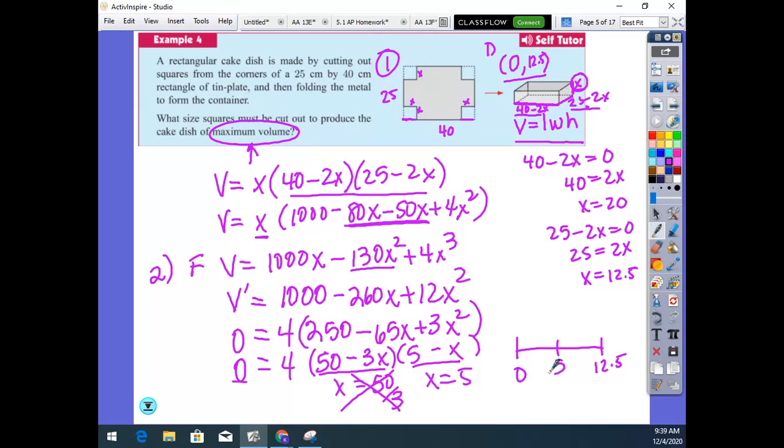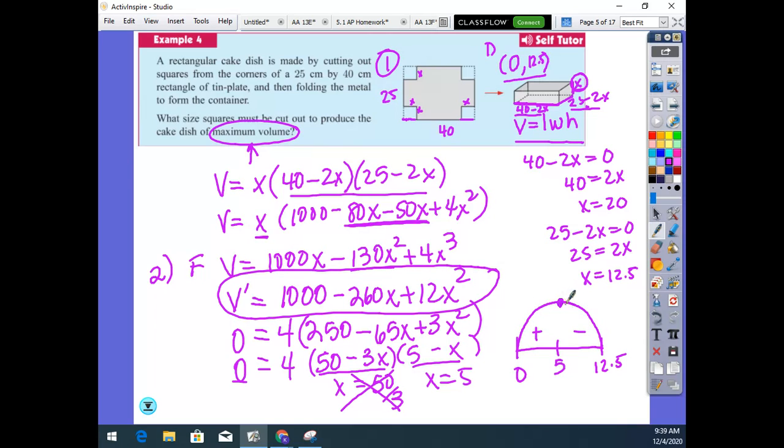Okay. Now we have to do our sign chart, testing out, is it positive or negative? So let's pick 1, and then we always plug it back into the derivative. If I plug 1 into the derivative, this ends up being positive. If I plug 6 back into the derivative, this ends up being negative. That means my function's increasing, 0 slope, decreasing.